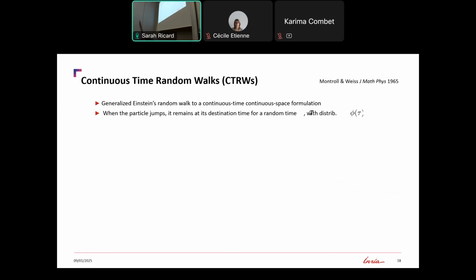Again, behind it's Einstein's model. And now, of course, the master equation is a bit more complex because you have to integrate over the jump distance, but also over the residence times. But again, it's mostly the same type of equation. Now, to solve it, you have to go, like always, through Laplace and Fourier transforms and so on, but it's really easy to do. I mean, it's not that complicated.